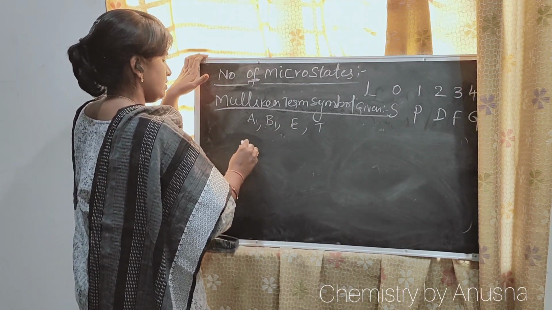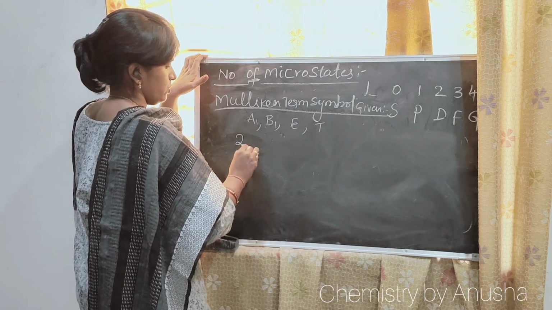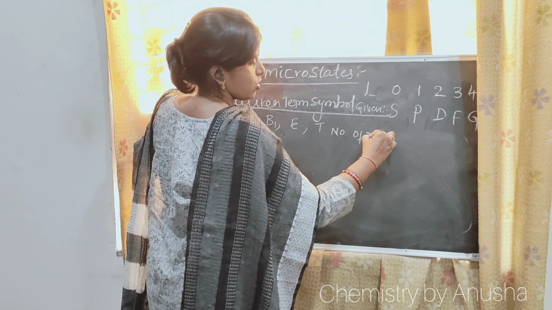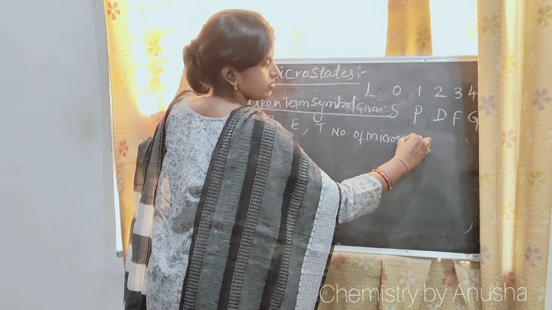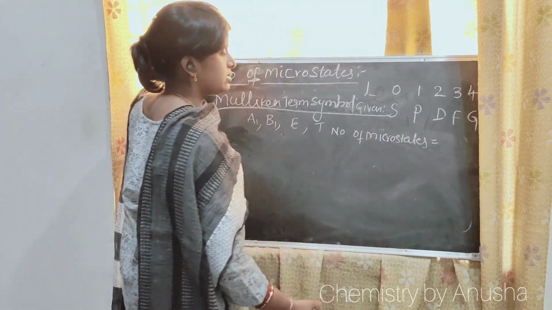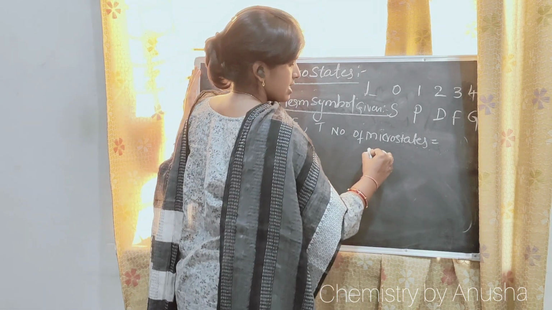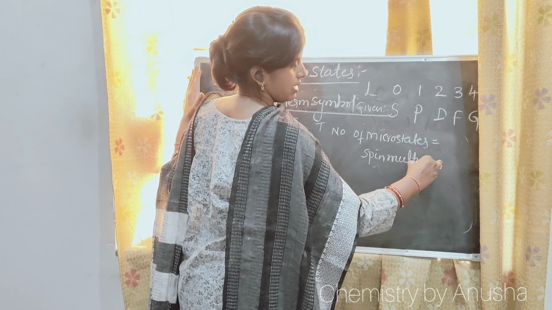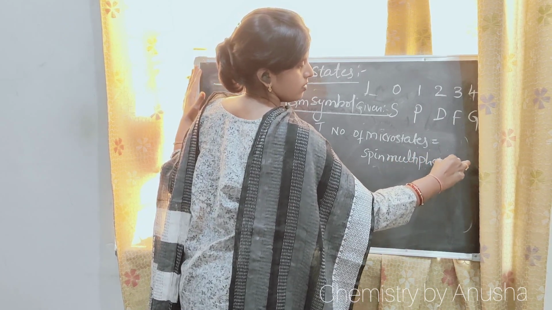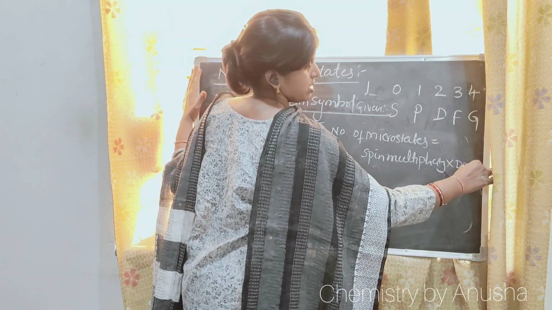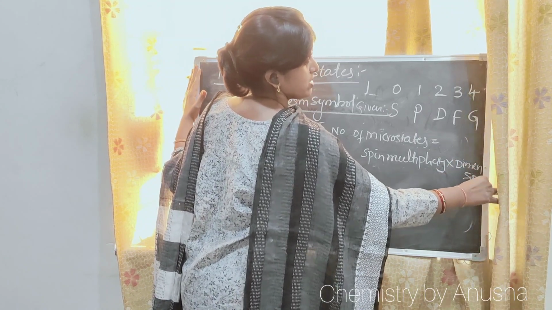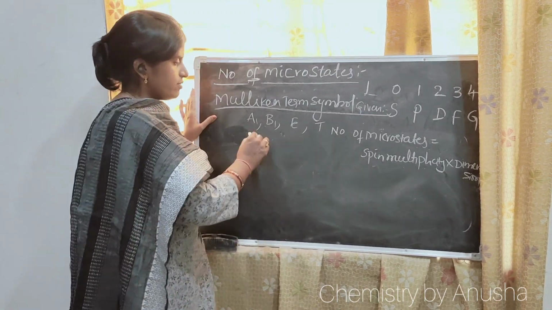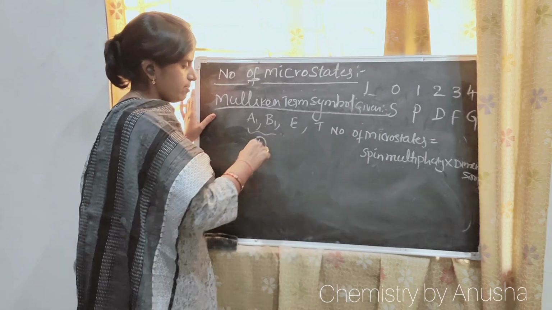What is the formula for that? The number of microstates is equal to the spin multiplicity into the dimension of the Mulliken term symbol. How do we know the dimension? For A and B terms, the dimension is 1.